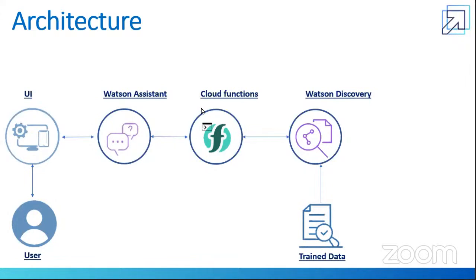And then we will be creating the cloud functions that allow Watson Assistant, the chatbot, to talk to Watson Discovery. So this is what the whole architecture looks like. If you've understood the use case that we're gonna do, then I'll move on to the practical implementation of it.